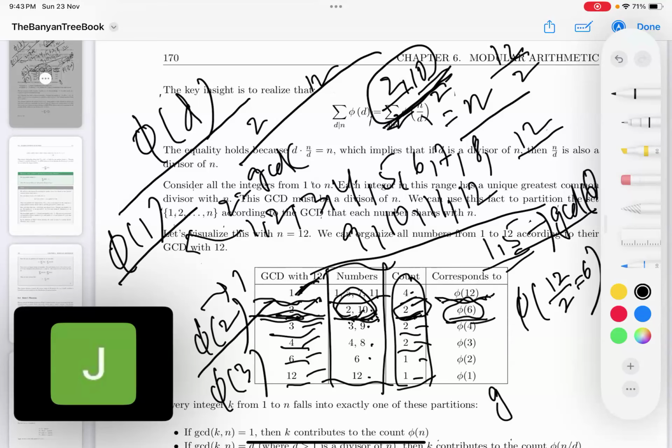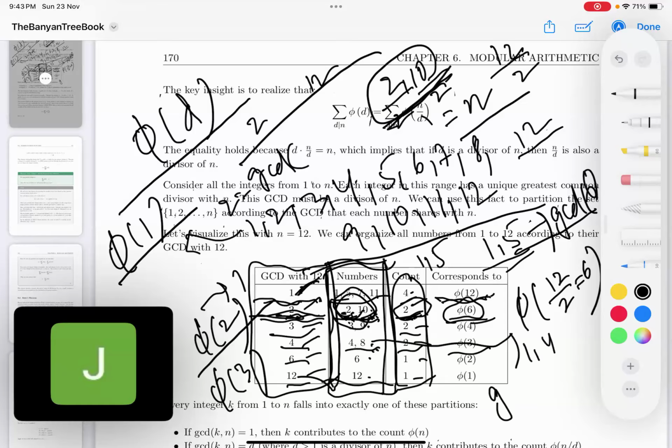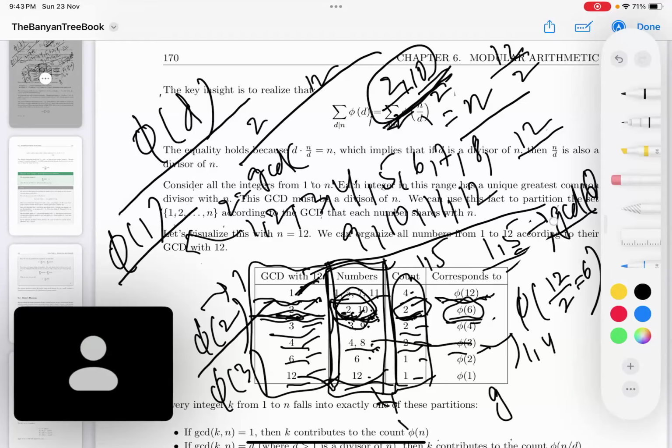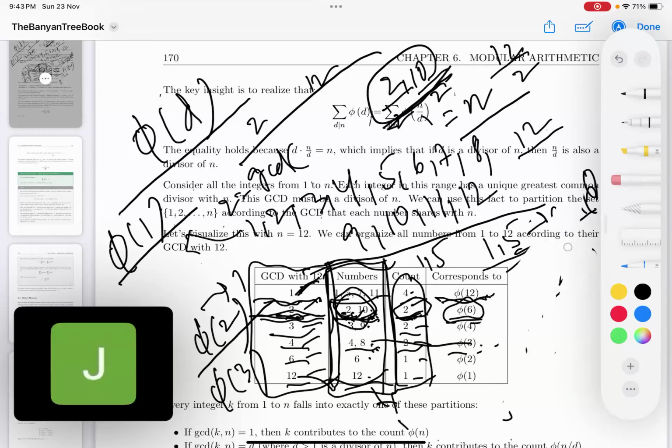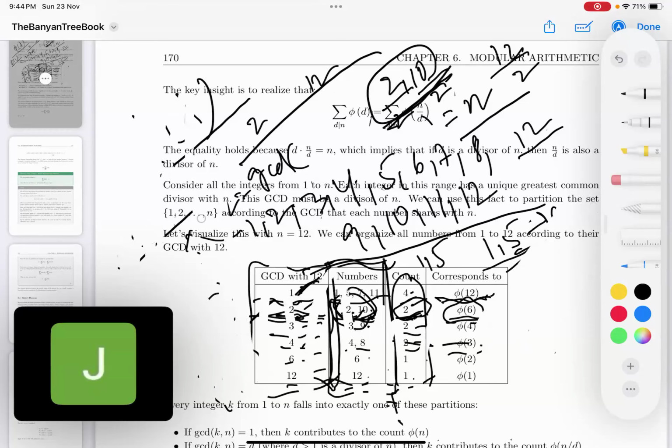Clear? The idea is that you have defined the GCD, it divides the set, and all you have to do is a remapping of phi of 6. The count remains the same, just the numbers 2 and 10 change to 1 and 5. Here 4 and 8 divided by 4 give 1 and 2. Clear? Do you understand why that equation holds, which we discussed earlier?